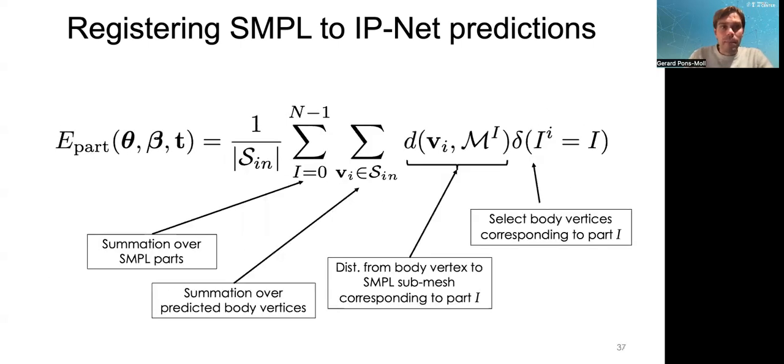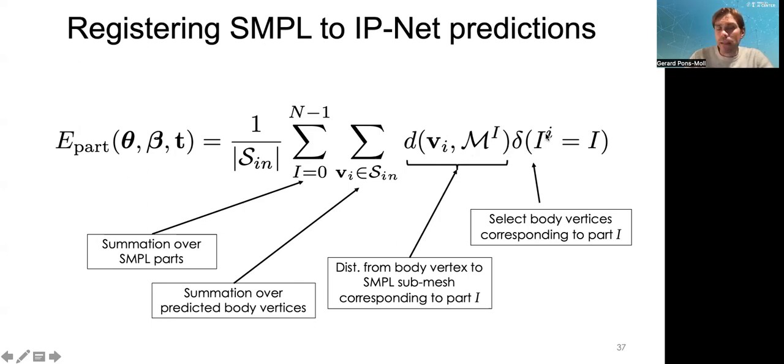All right, so let's look at this part objective. It's very useful to have parts, because then essentially you can make ICP easier. You can basically match part by part, and this is what this summation is doing. It's summing over the simple model parts, and then for every part, you sum over the predicted body vertices, and you minimize the distance between those vertices and the model, but we only consider correspondences on the model for that particular part.